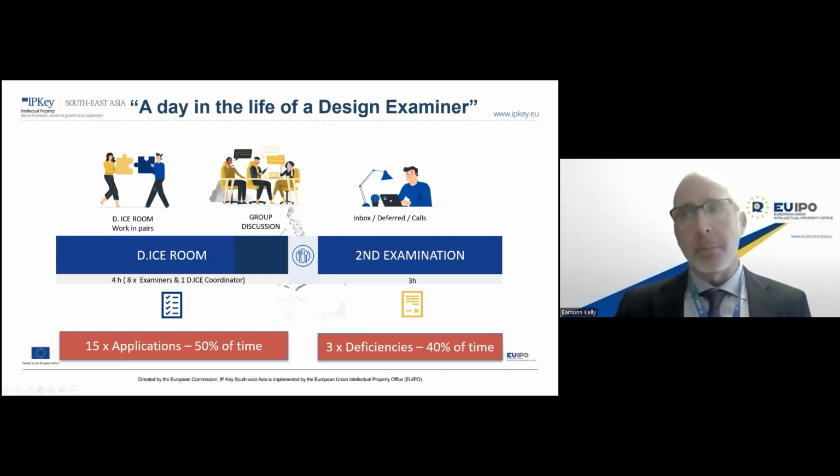Another 13% is sent to a second examiner to resolve an identified deficiency. From a time point of view, which is interesting for us, in the morning an examiner will, on average, examine 15 applications. That represents 50% of their time, whilst in the afternoon, they will resolve 3 deficiencies, which is about 40% of their time.